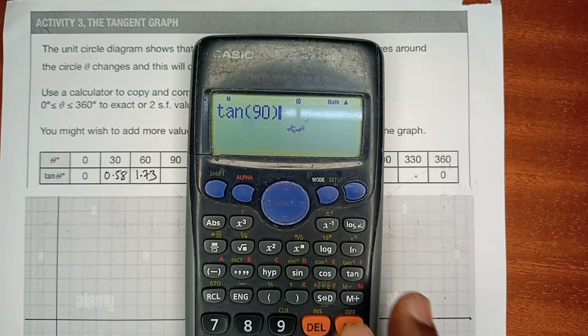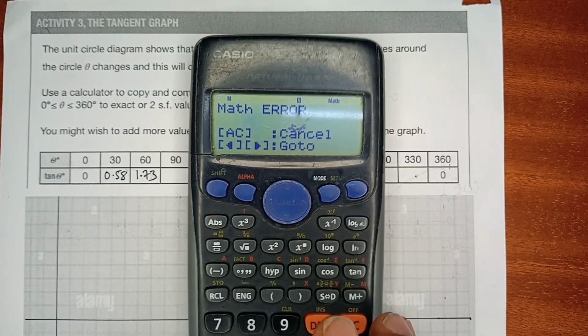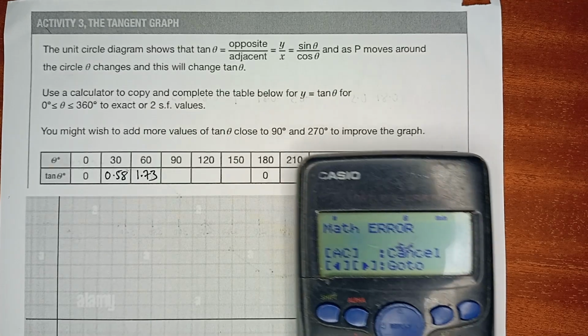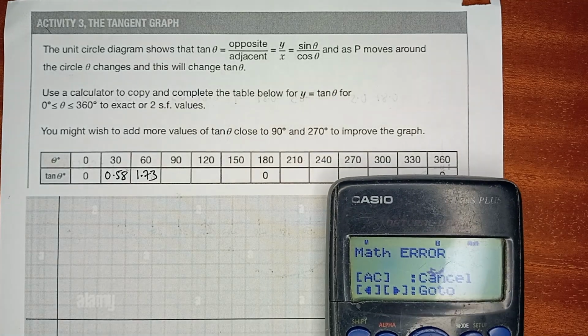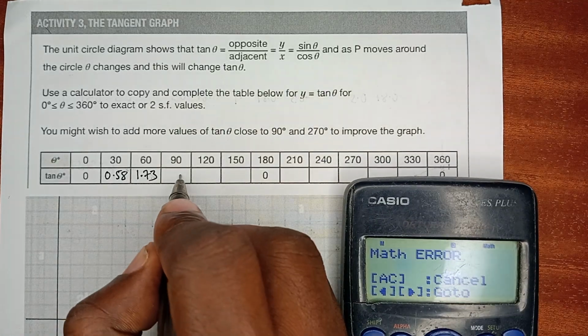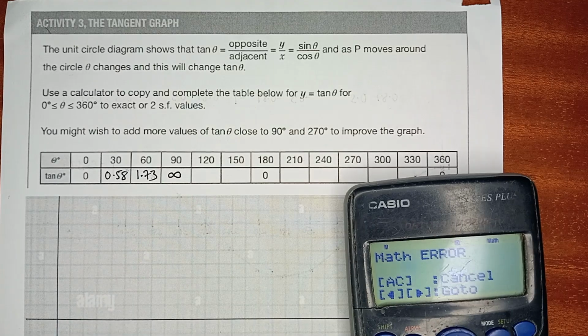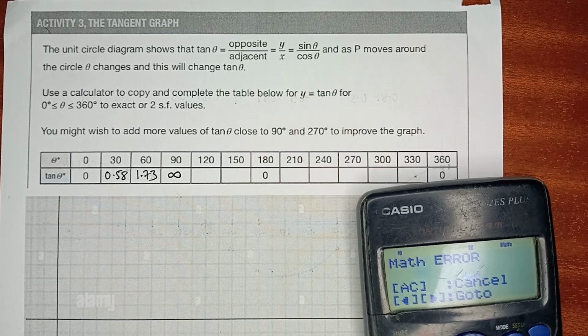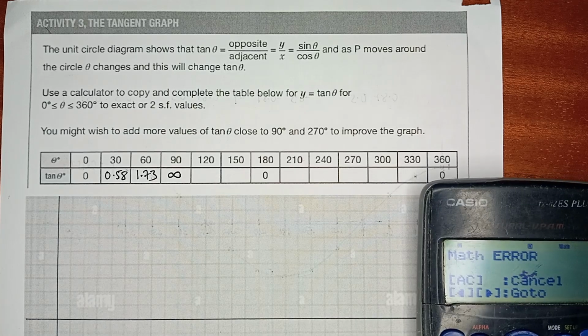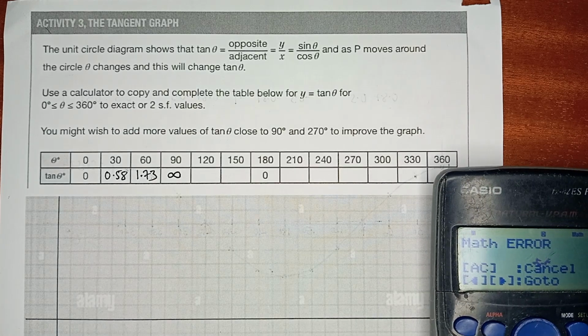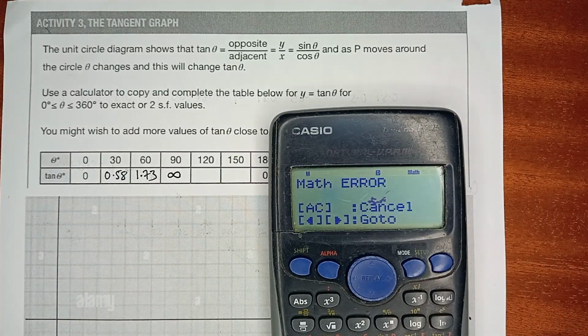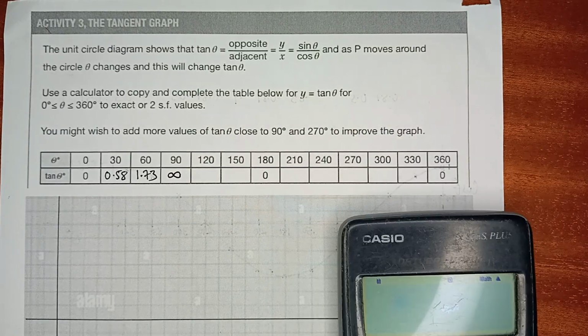The tangent of 90 is maths error. It is not there. It is actually infinity. We don't know the tangent of 90. And for this reason, when we shall be constructing this graph, we shall be talking about which angle is close to 90.